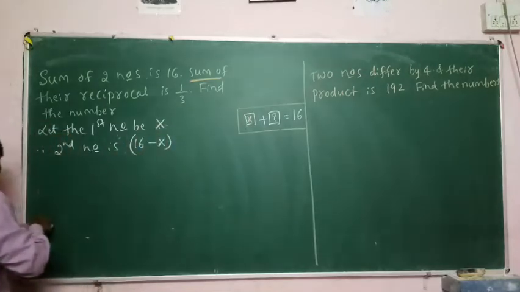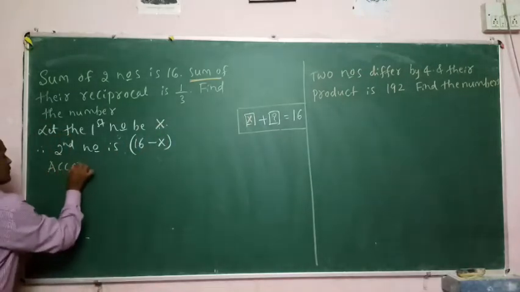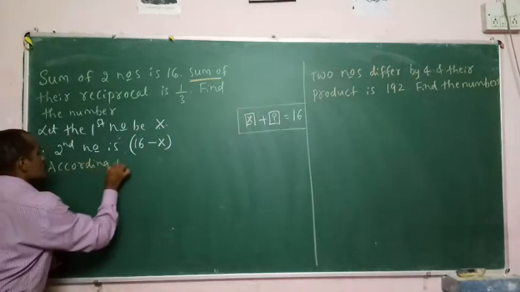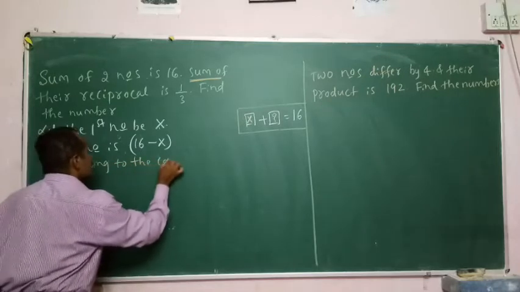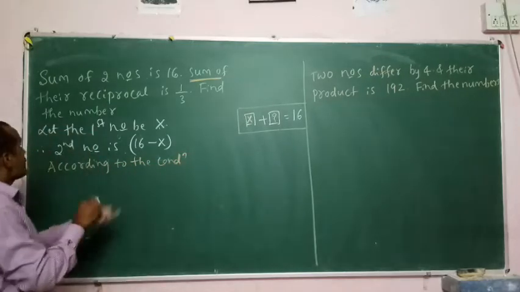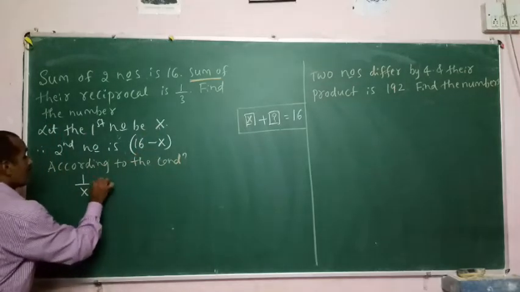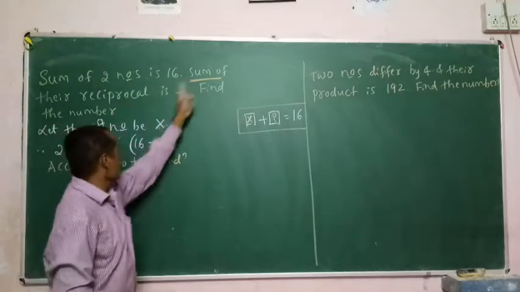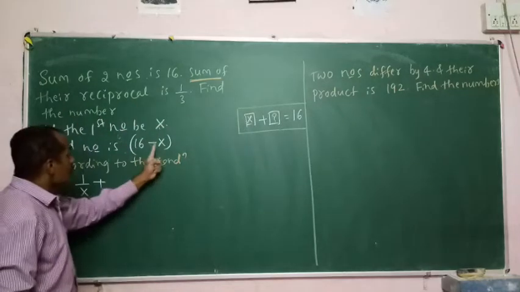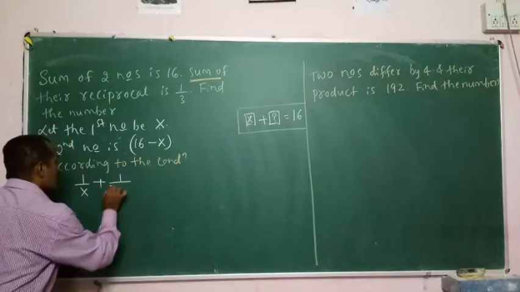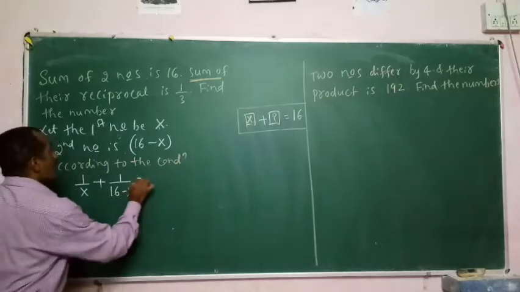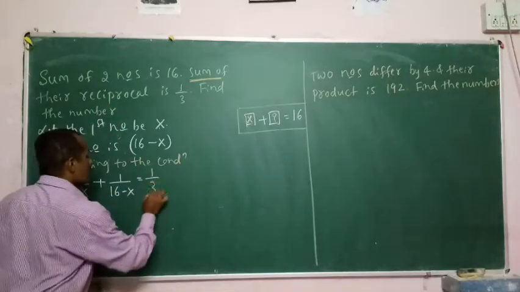This reciprocal I will write according to the condition. What is the condition? Reciprocal of this, 1 by x, plus reciprocal of the second number, 1 divided by 16 minus x. Answer is 1 by 3.